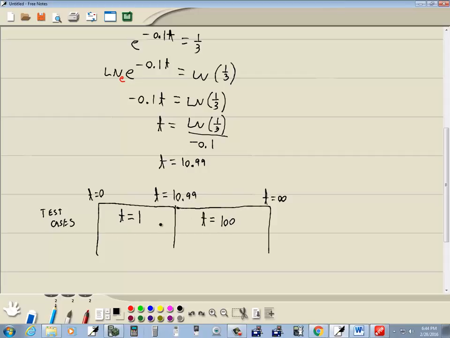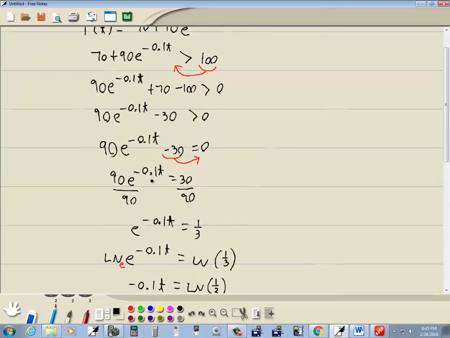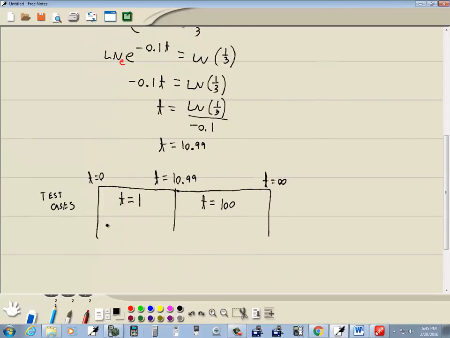Now we're going to plug these into our equation right here. This is the point where we dropped the greater than when we went to the equals. So let me write that down. I got 90 e to the negative 0.1 times 1, minus 30.